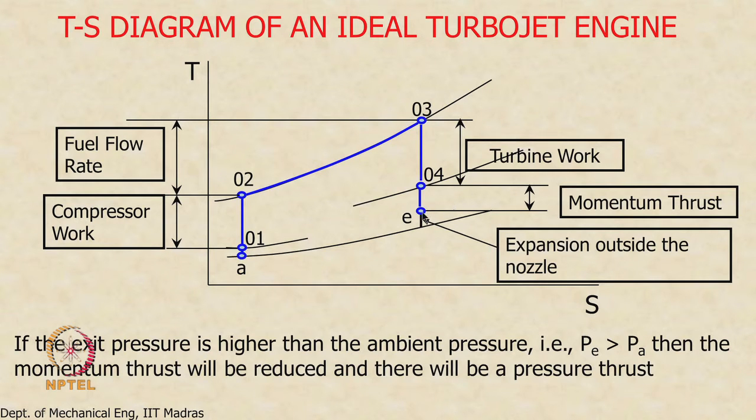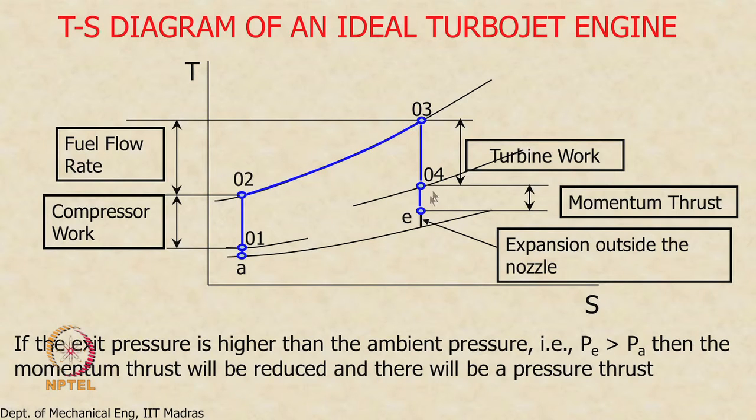If the exit pressure is equal to the ambient pressure, then we get only momentum thrust from the engine. Okay, so the momentum thrust is proportional to this. We cannot really show the pressure thrust here, but the pressure thrust is also available in case PE is greater than PA. It is a convergent nozzle, so PE cannot be less than PA.